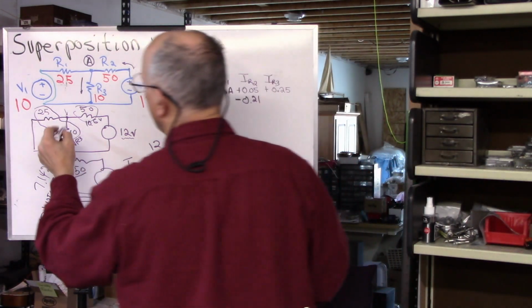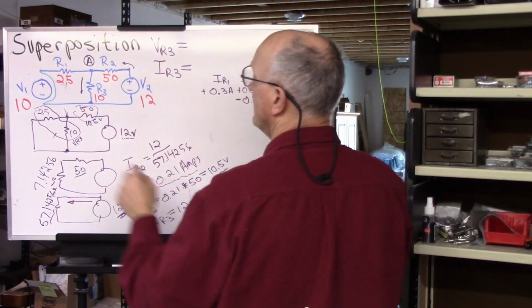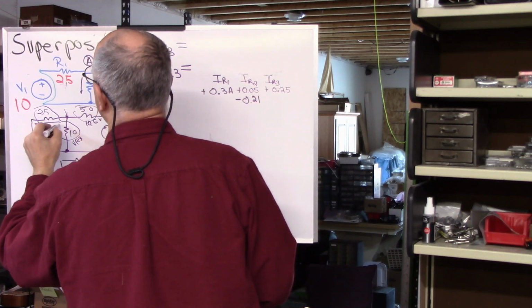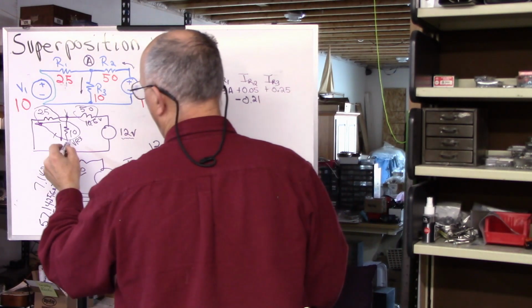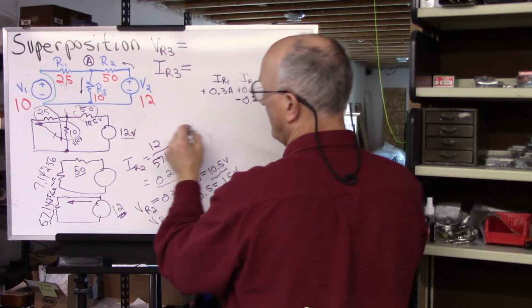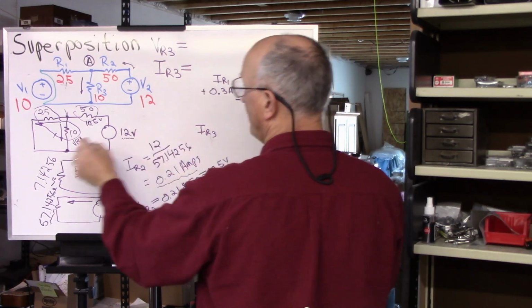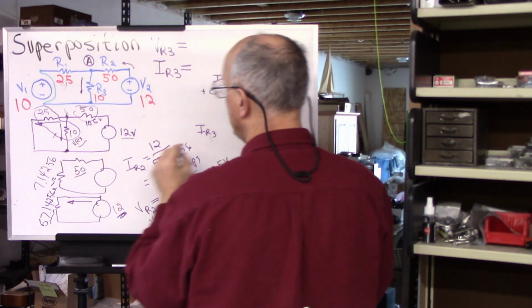Now we know the voltage from here to here. So we can calculate the current here. So the current through R3 is VR3, the voltage across it, divided by its resistance.